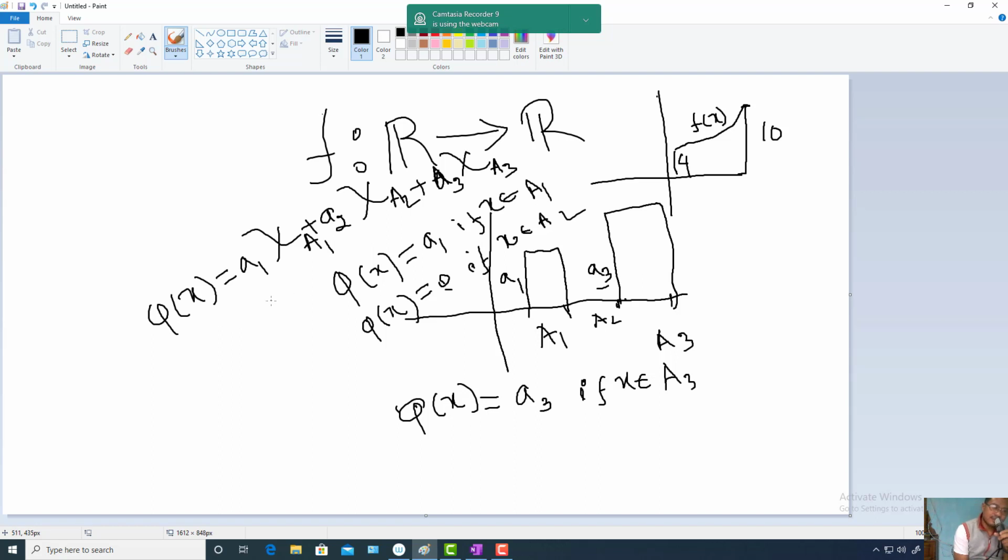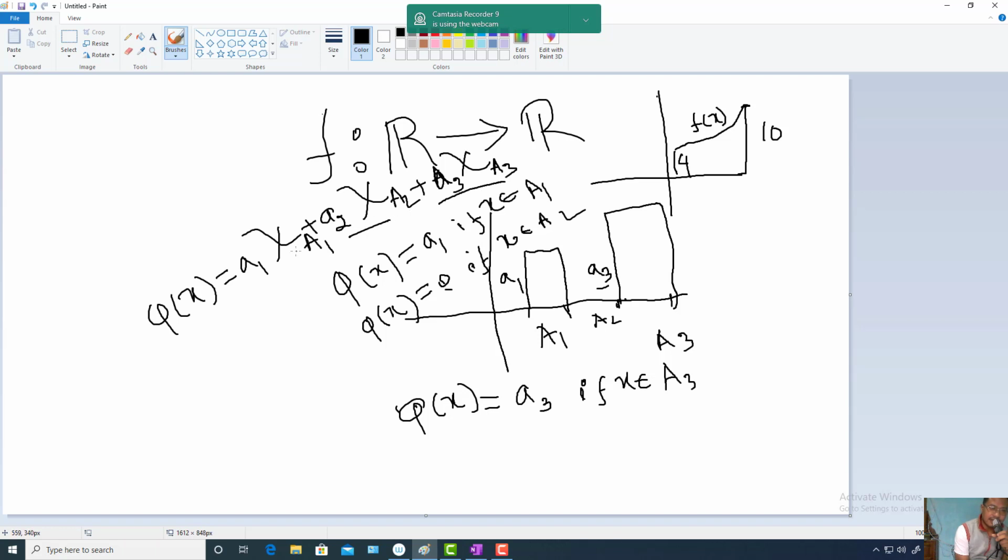So when x is a member of A1, x is not a member of A2 and also not a member of A3, right? So chi A2 of x will be 0, so this part is 0. Chi A3 of x is also 0 because x is not a member of A3.